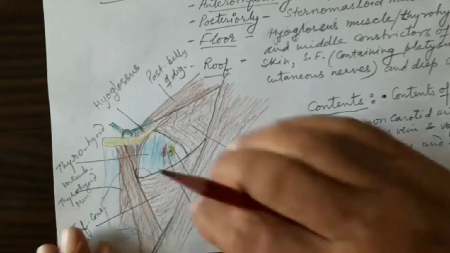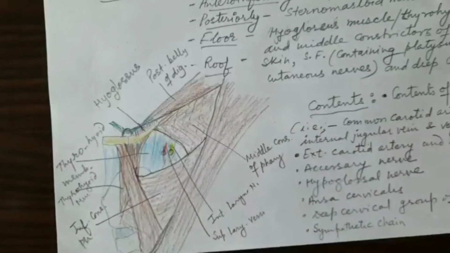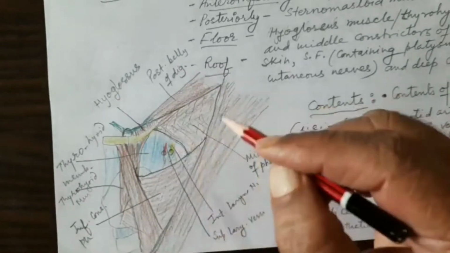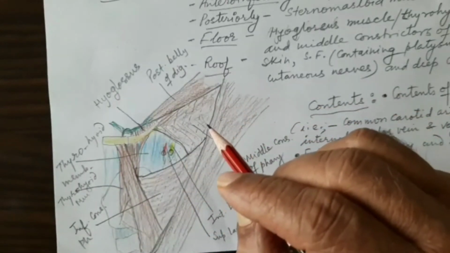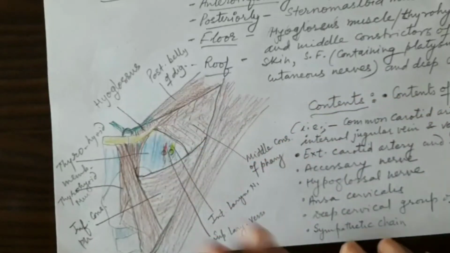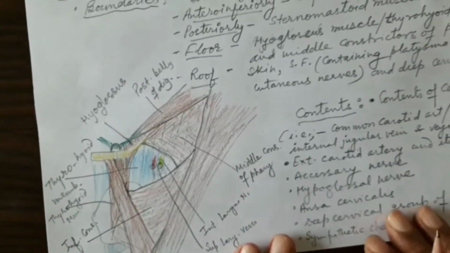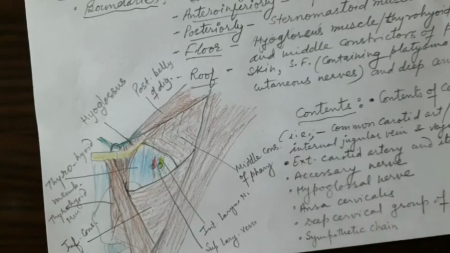In this diagram I have pushed the sternocleidomastoid a little laterally so as to expose a wider area of the otherwise not so wide carotid triangle, just to show the various structures at the floor and then the contents.